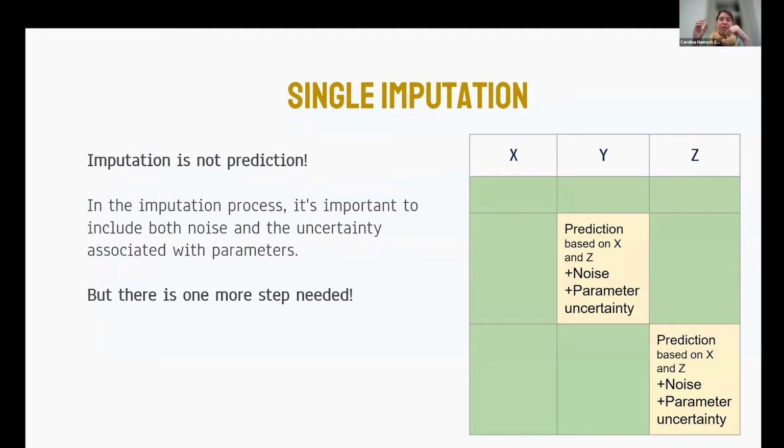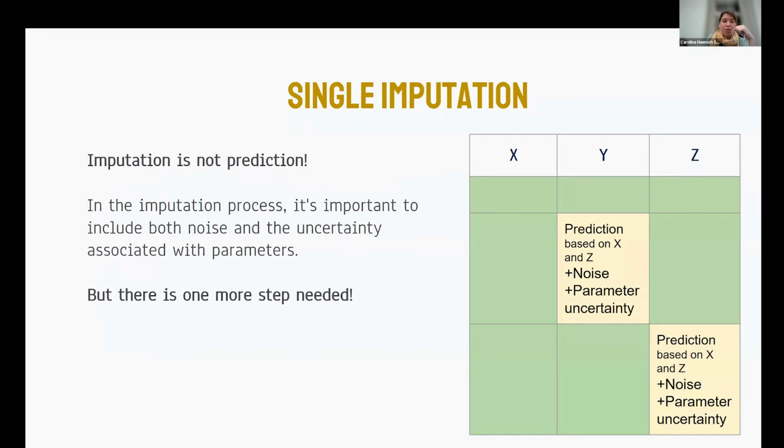One thing that we do when we use single or multiple imputation is to add appropriate noise to the prediction based on some other variables, so that the values are spread around the regression line, for example.